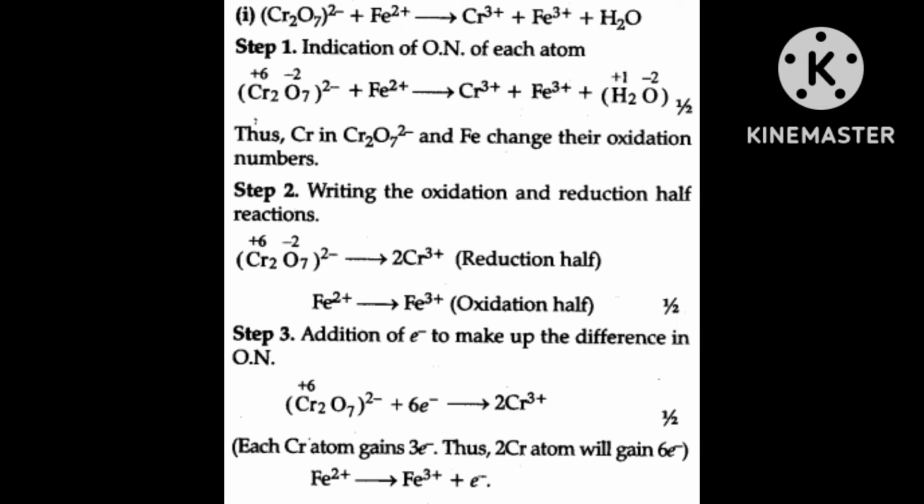Now very easily you can understand, because electrons you have to cancel. Then the oxidation process you have to multiply by 6. Oxidation process, step 1, you multiply 6 to all, left side and right side. Then it will become 6Fe2+, and right side 6Fe3+ plus 6 electrons. Correct? And then you can add.